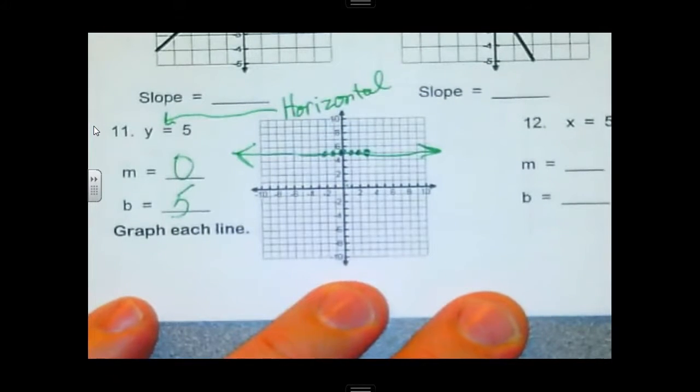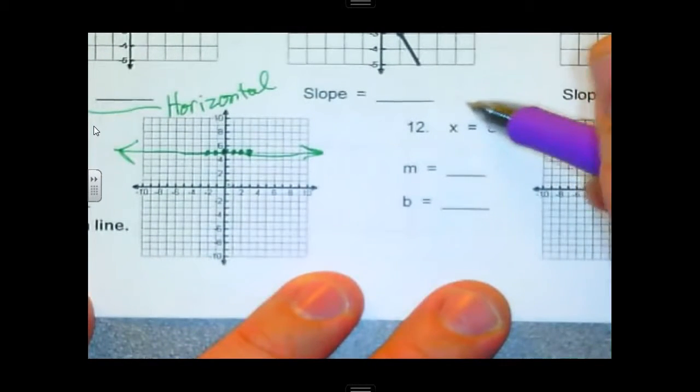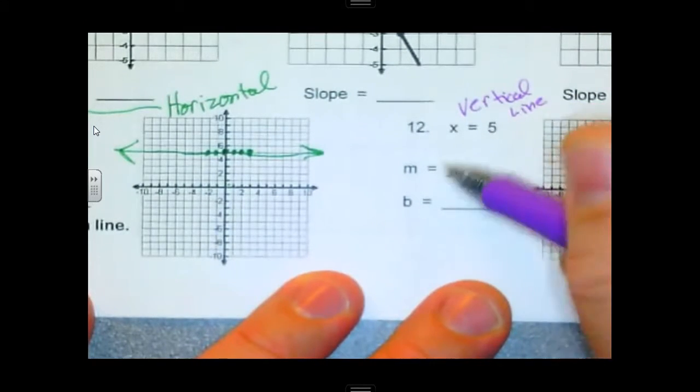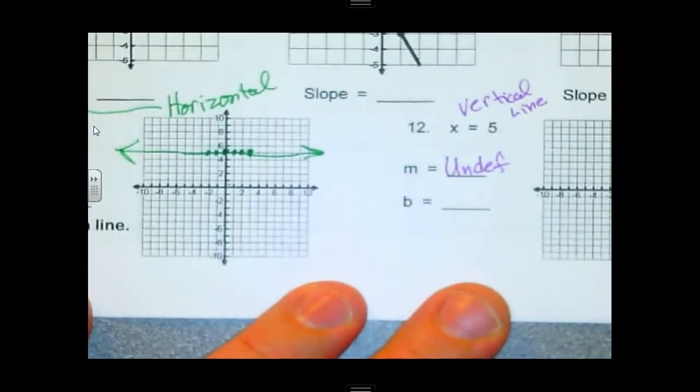Which means x equals a number is what kind of line? Vertical line. And its slope is undefined. Good. There's only one vertical line that has a y-intercept, right? Yeah, the y-axis.